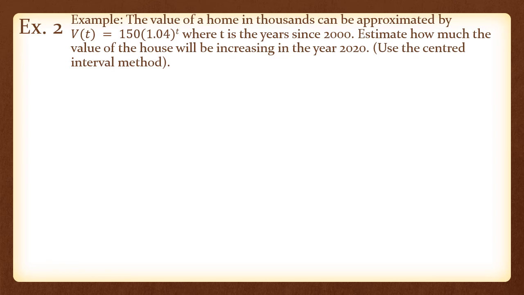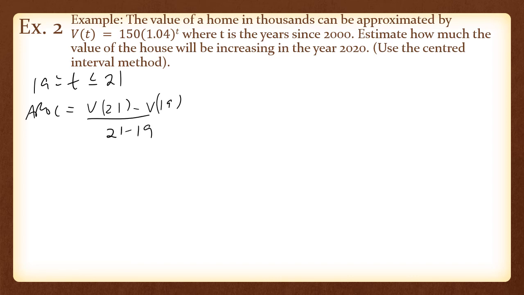All right. So we need 20 to be in the middle. So let's do 19 and 21. So we're going to do IROC equals V of 21 minus V of 19 all over 21 minus 19.